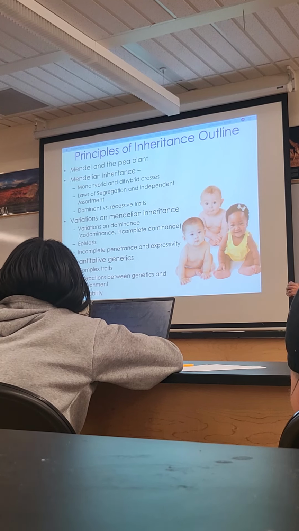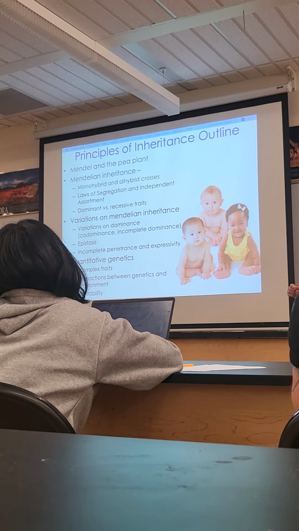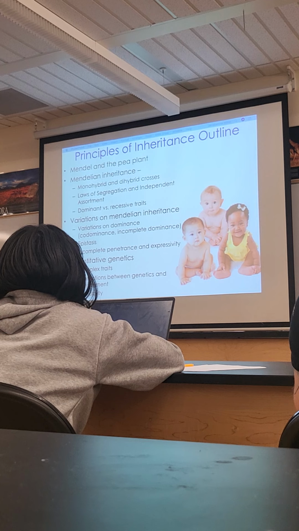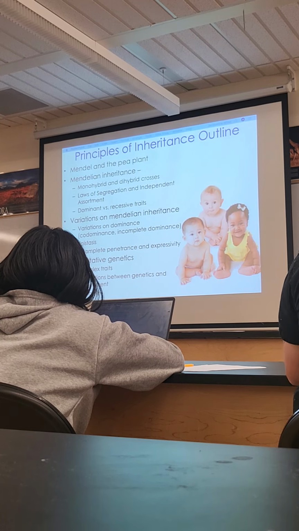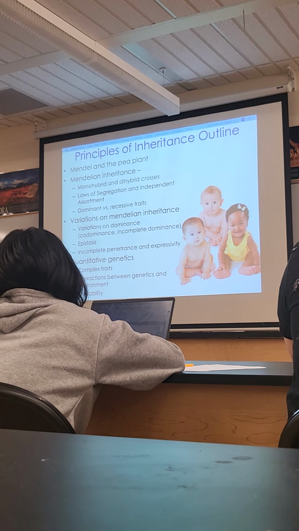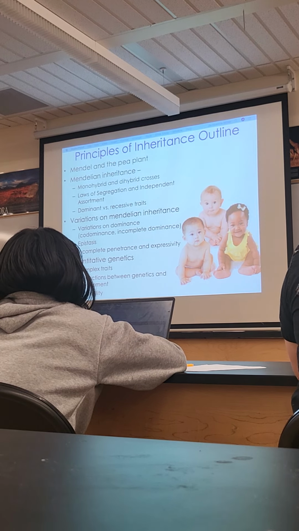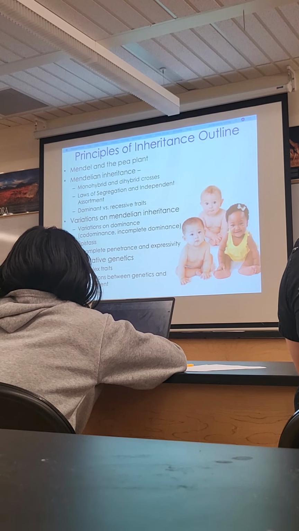And then we'll talk about some things that you may or may not have talked about in depth, which is some of the variations, some of the interesting things with different dominance patterns other than just complete dominance. Gene interactions, so epistasis is a phenomenon that happens when genes can affect whether or not the others are expressed. And then things like incomplete penetrance and expressivity. These are the interactions part that makes genetics really complicated.